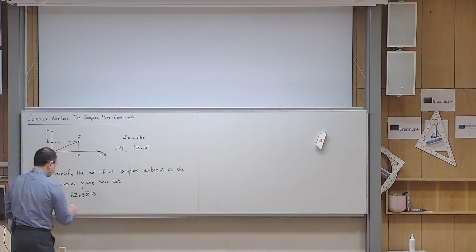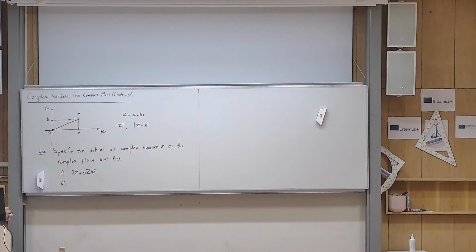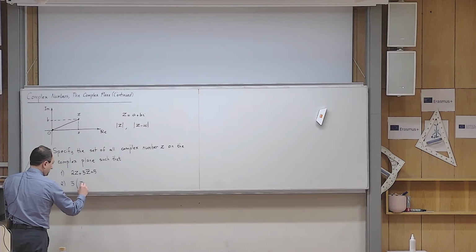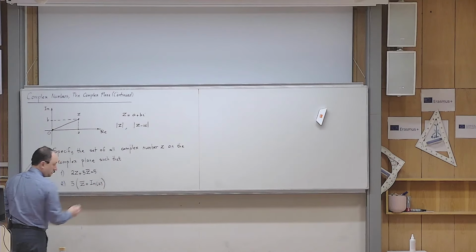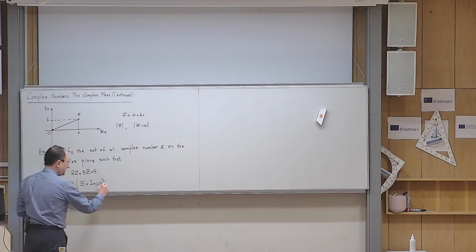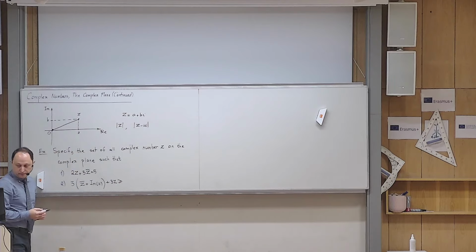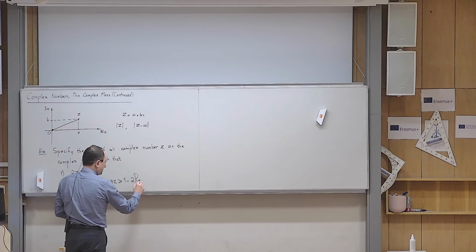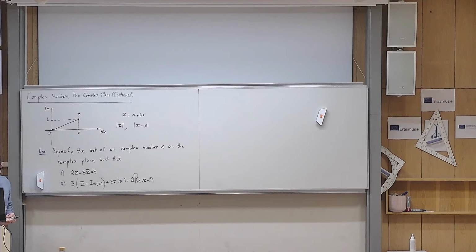And number two, 3 times z bar plus imaginary part of z plus 3z is greater than or equal to 1 minus 2 times the real part of z minus 2. Okay, I wait for you to do this.